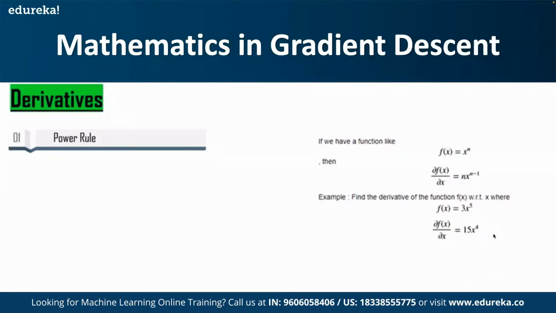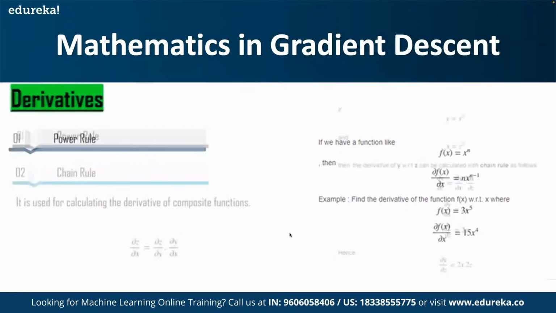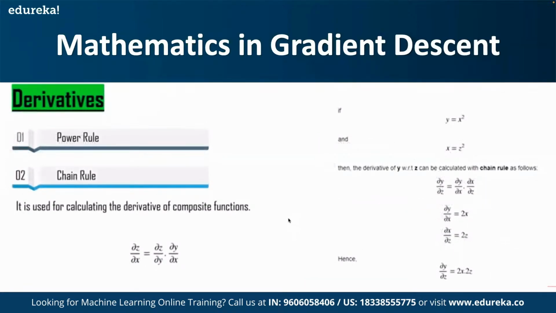Another concept you need to remember is the chain rule. The chain rule is what we use in calculus to find the derivative of a composite function.